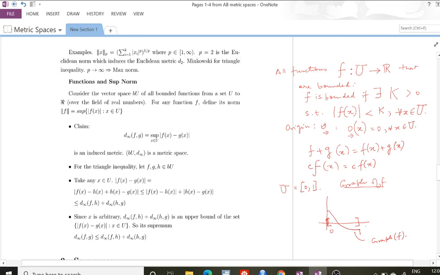Now let me draw another function. So let's say I have this function g.